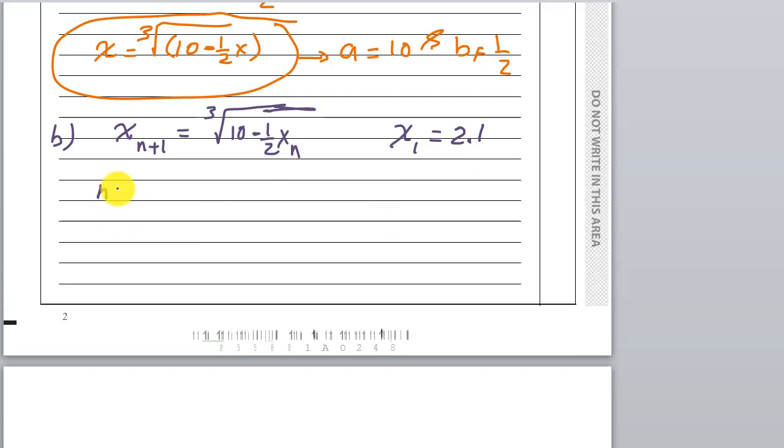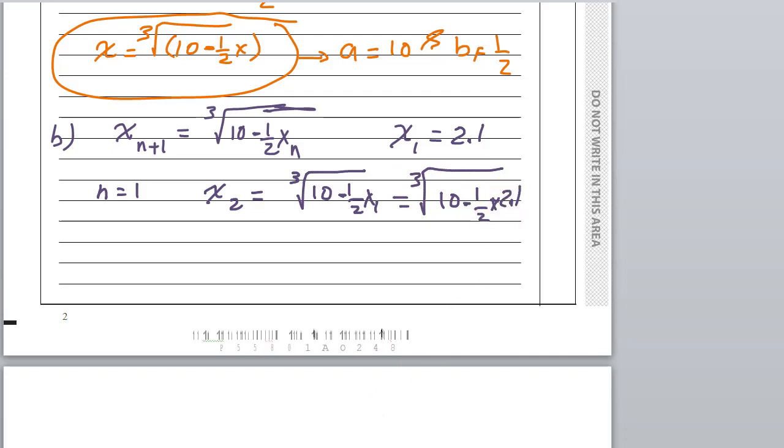So n equals 1, so x2 equals the cube root of 10 minus half x1.